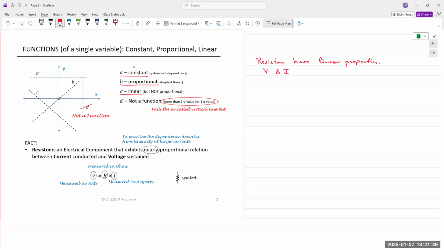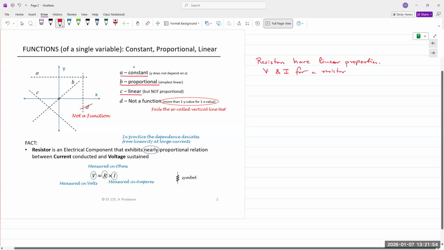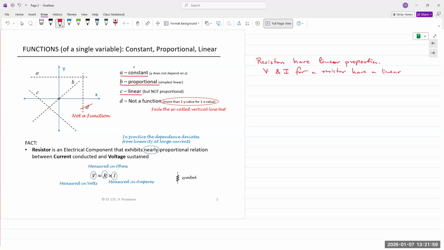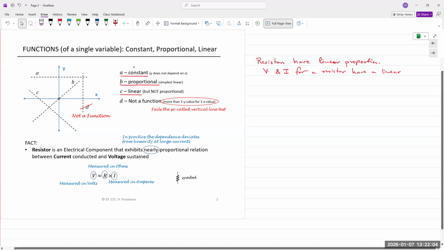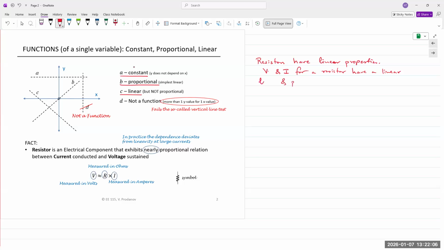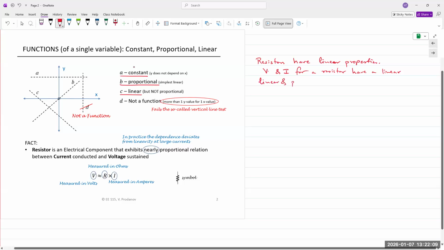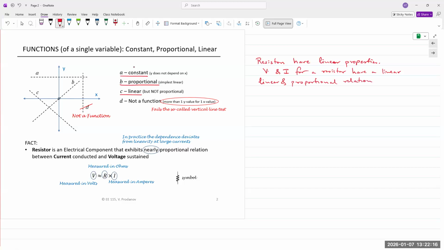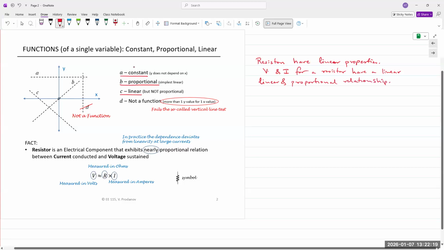Voltage and current for a resistor have a linear relationship. I would say linear and proportional relationship. Okay, linear and proportional. V stands for voltage.